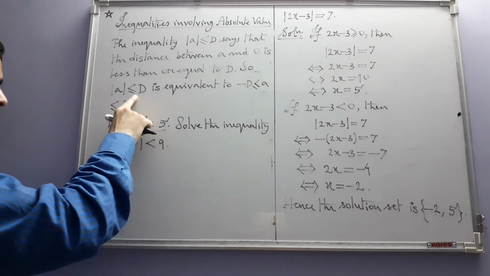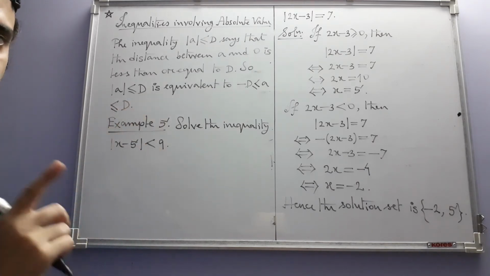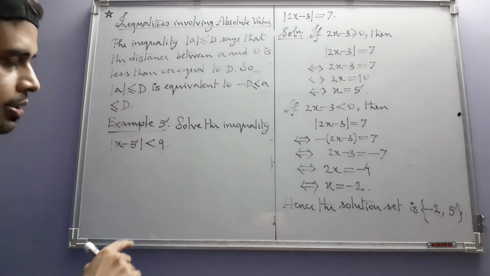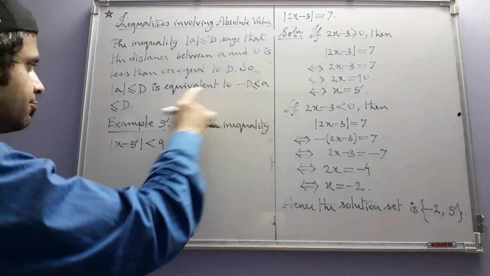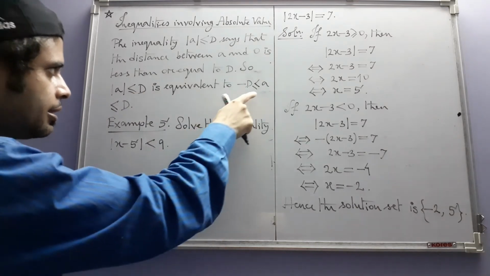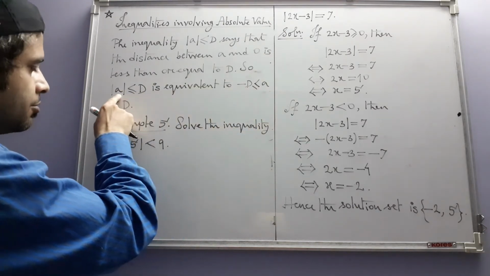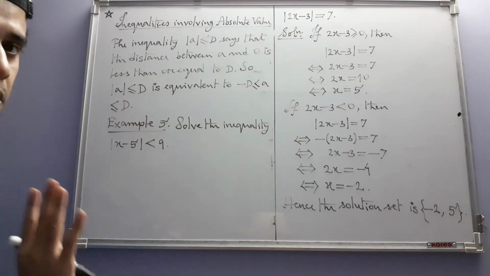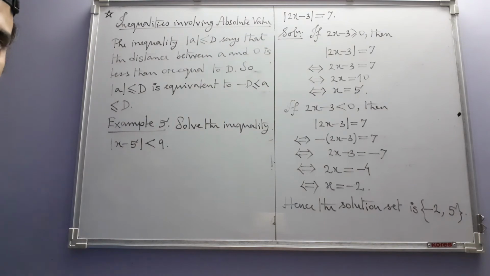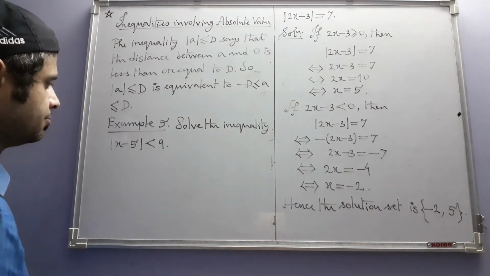If in place of less than or equal to, you have strict inequality, then in place of these inequalities you also have strict inequality, because in that case the distance between A and 0 cannot be equal to D. So the points minus D and D cannot be taken by A as values.